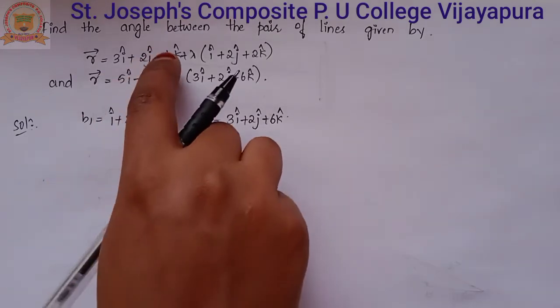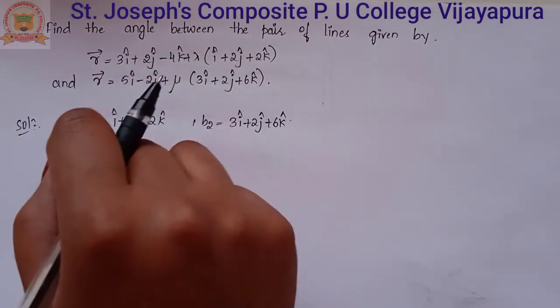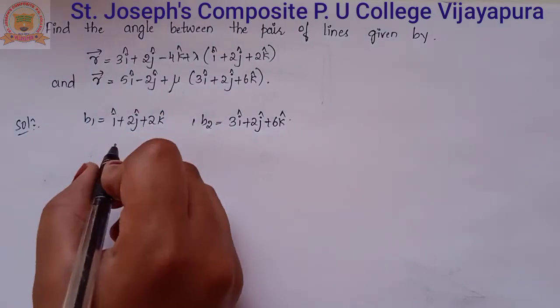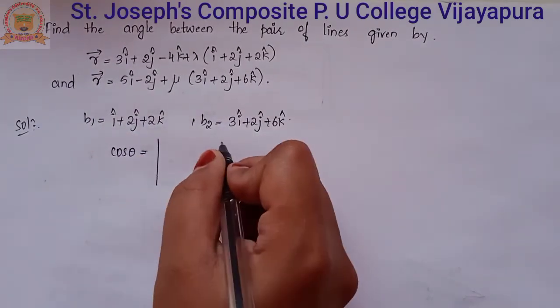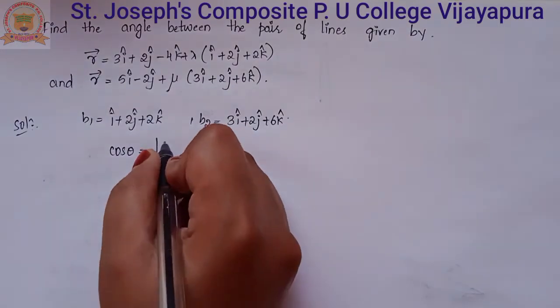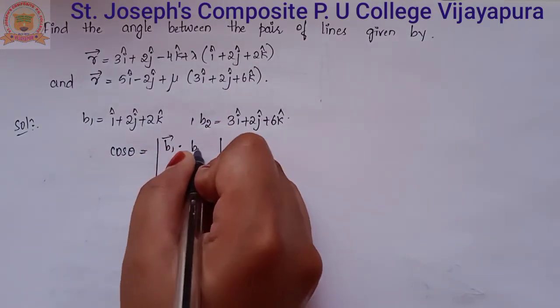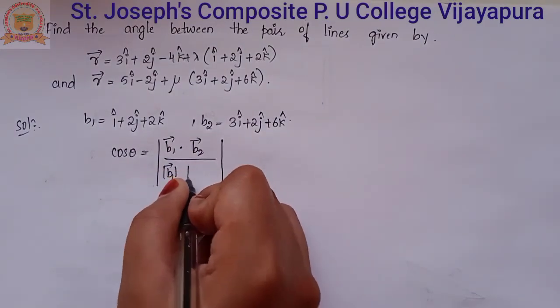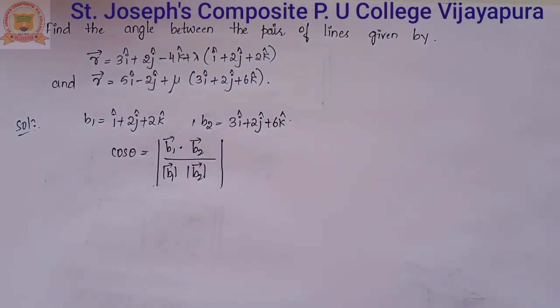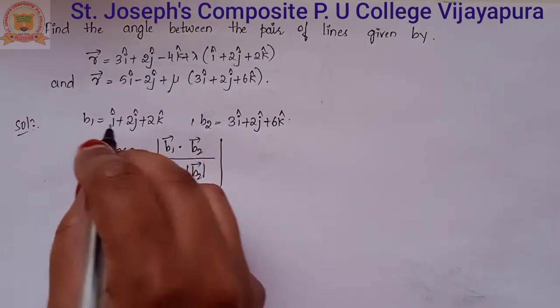We don't want a1 and a2, because according to the formula, cos theta equals mod of b1 vector dot b2 vector divided by magnitude of the b1 vector into magnitude of the b2 vector. So substitute here the b1 and b2 vectors.